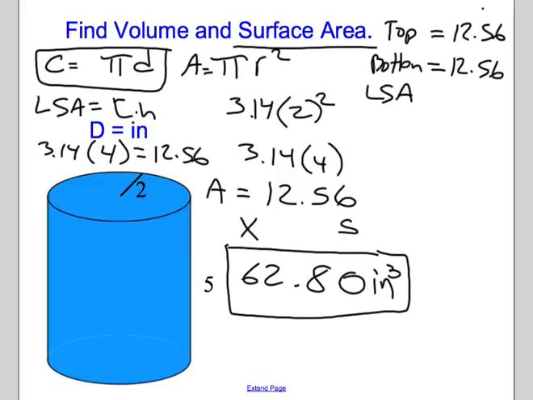Okay, this is my circumference. So now I need to take it times my height. 12.56 times 5. And what'd you get on that?